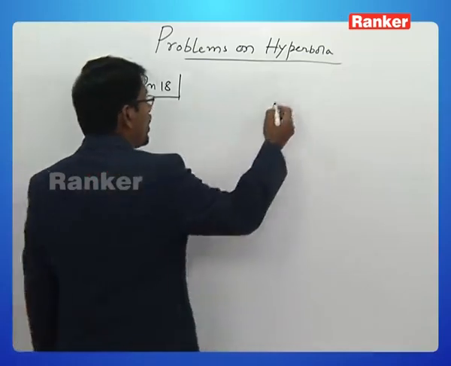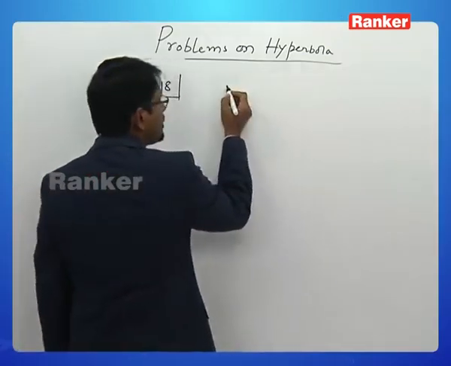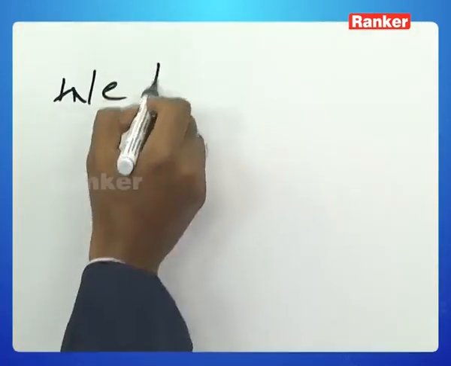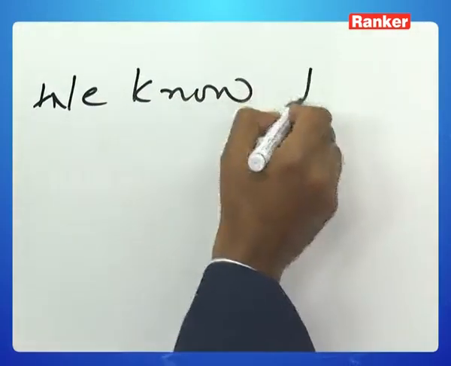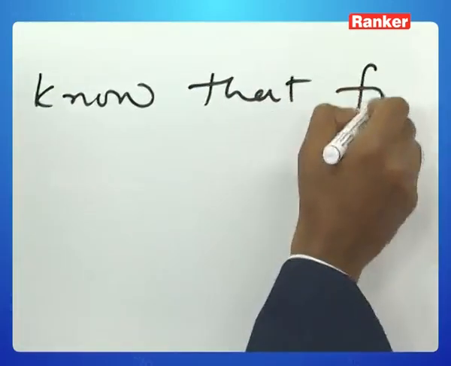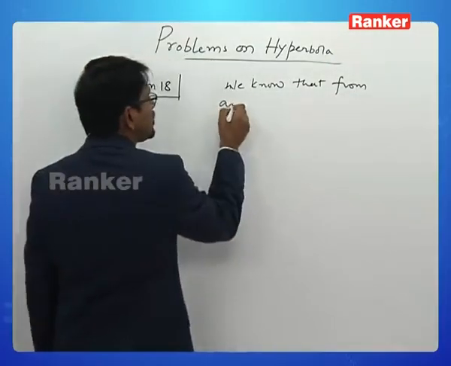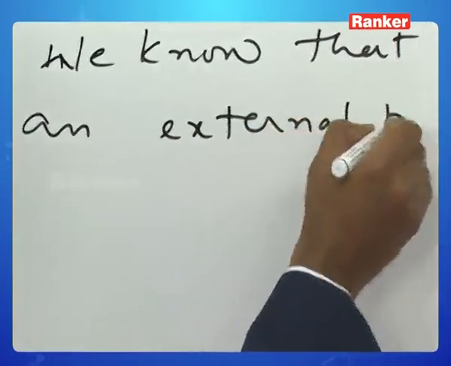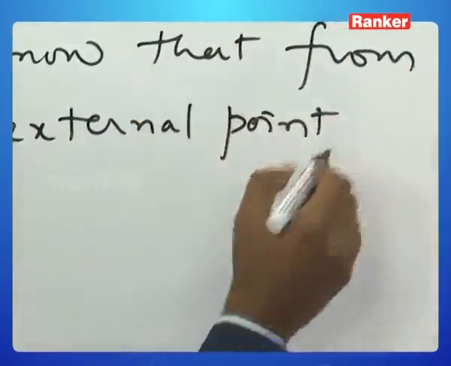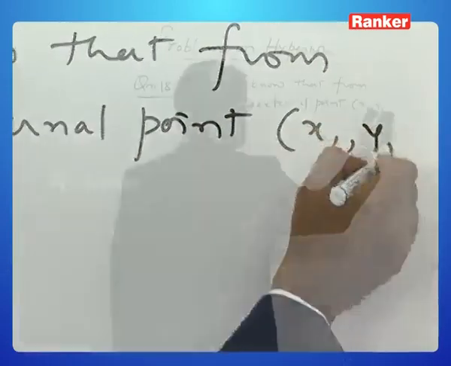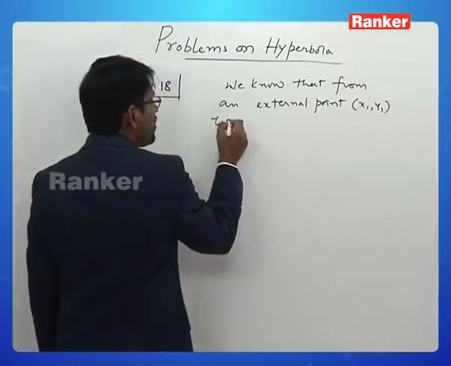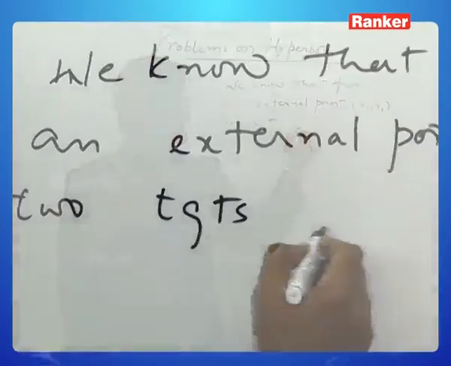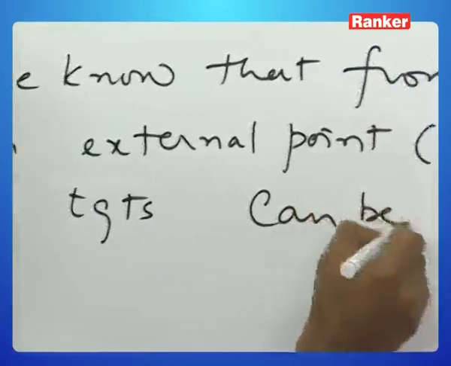Now, we know that from an external point, say x1 comma y1, two tangents can be drawn to a hyperbola.